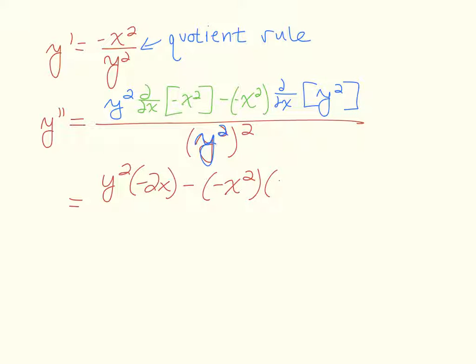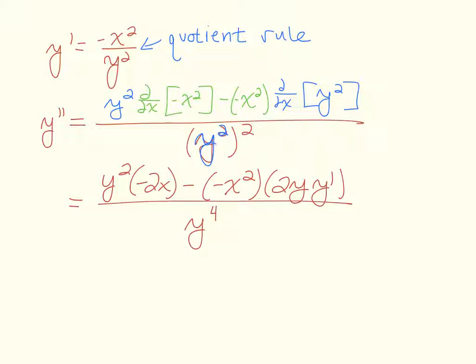But remember, whenever you take the derivative of a y in implicit differentiation, you immediately tack on this y prime. So all of that is over y to the fourth power. That comes from y squared to the second power is y to the fourth power.